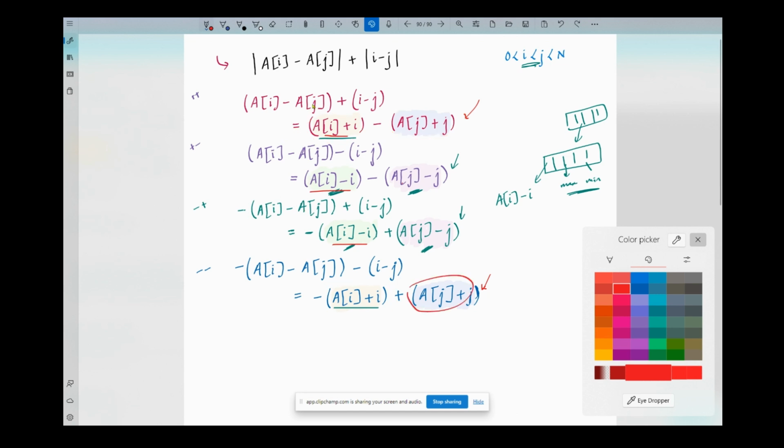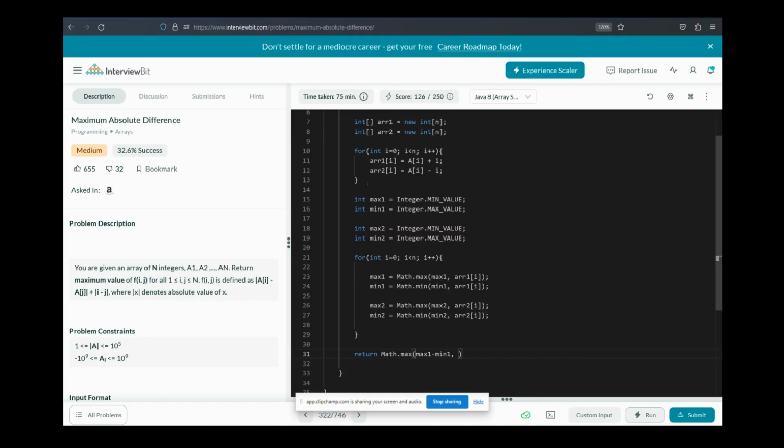Either of them are going to be the highest, or ai minus I minus aj minus j of this value. We can put an absolute symbol, but that doesn't make a difference since we know that this is the maximum value. Or max 2 minus min 2.